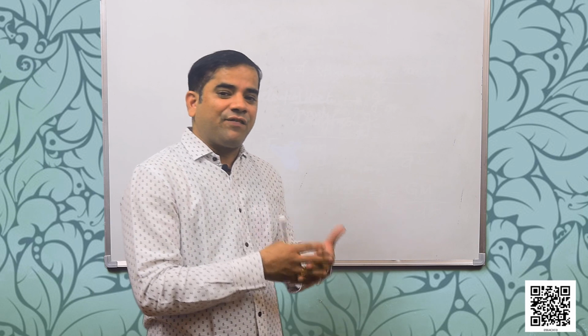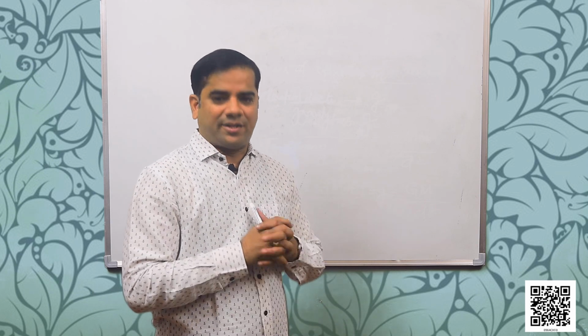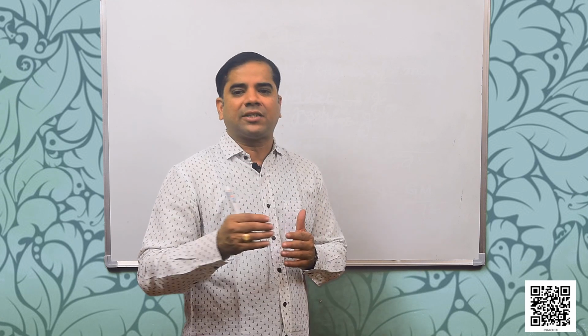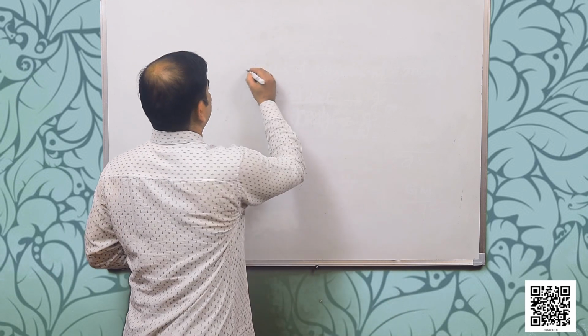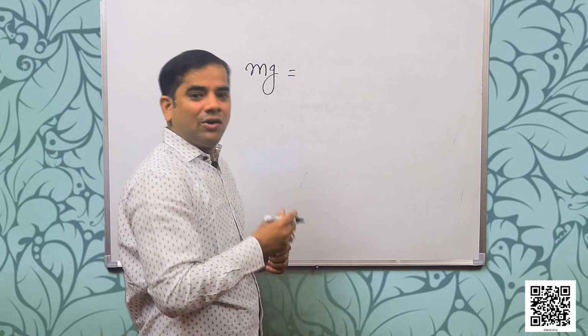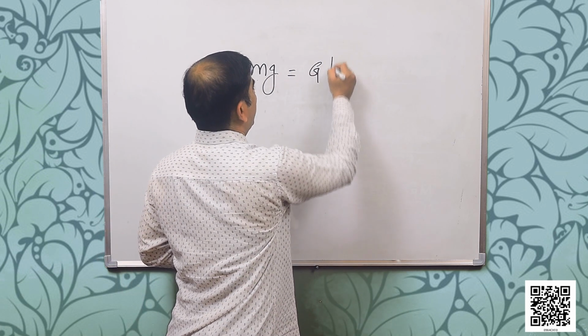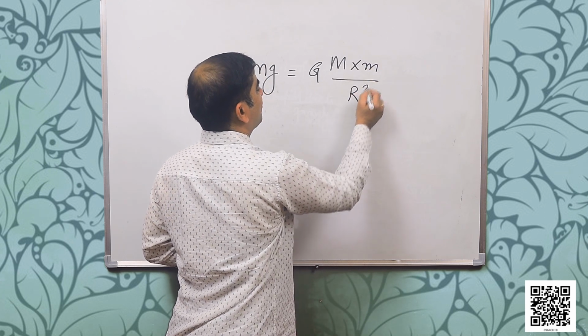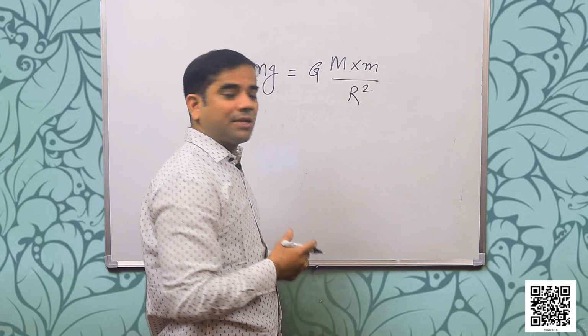So, for objects on or near the surface of the earth, force, that is mass into acceleration due to gravity, will be equal to G m by r square, where r is nothing but the radius of the earth.